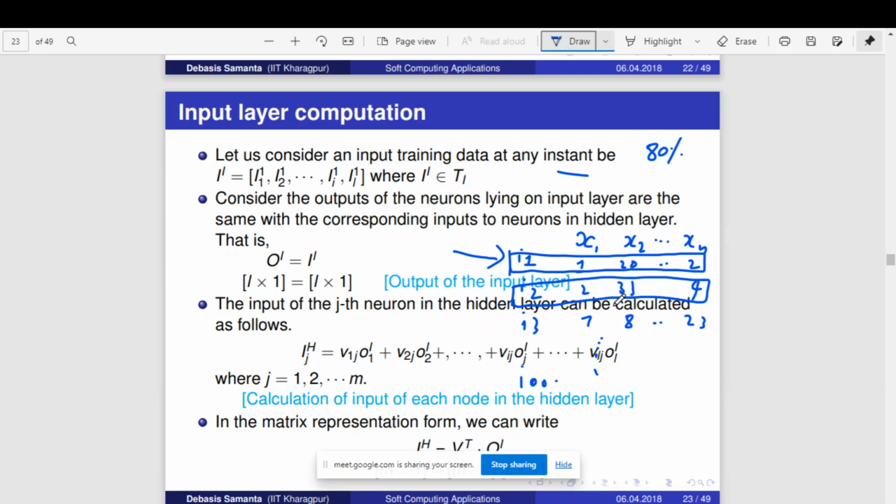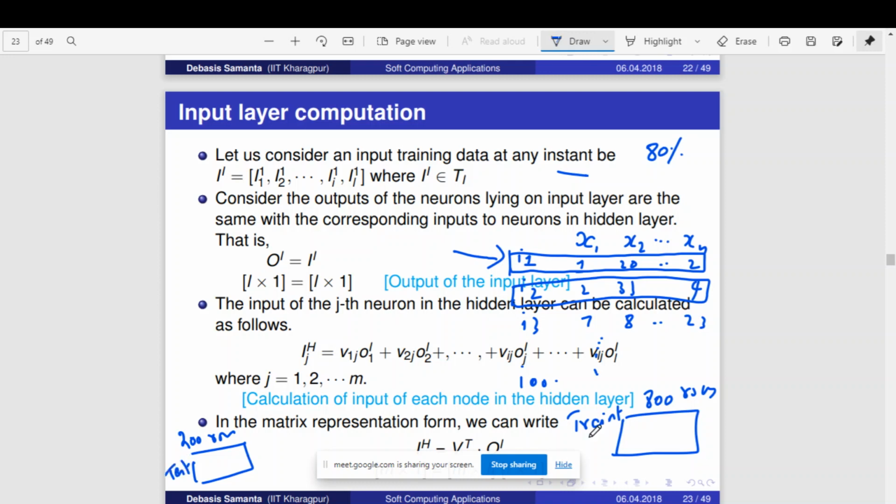Randomly we select 800 rows, not necessarily the first 800, and treat them as training data. The remaining 200 rows we call the test data set.